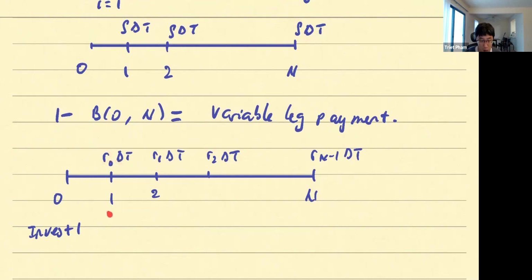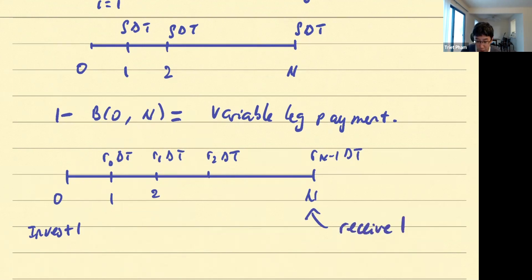He deposits $1 again. At time 2, he has this. He used this to pay the counterparty, and he has $1 left. So on and so forth. All the way to the end, if you follow this investment stream, he would completely fulfill his obligation of paying the variable rate, and he will receive $1 back.